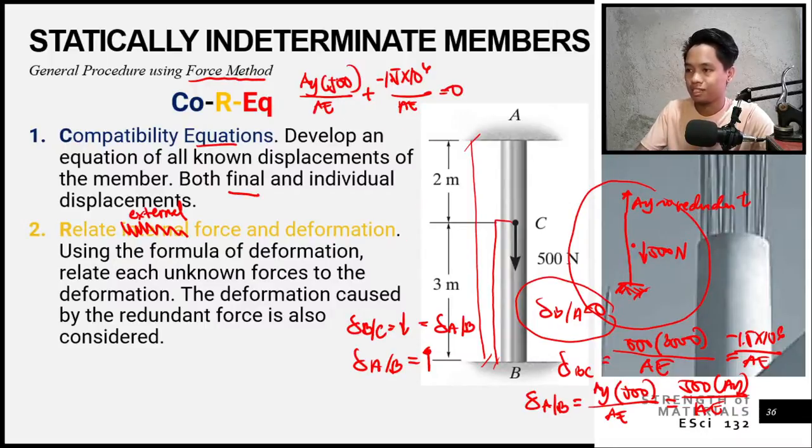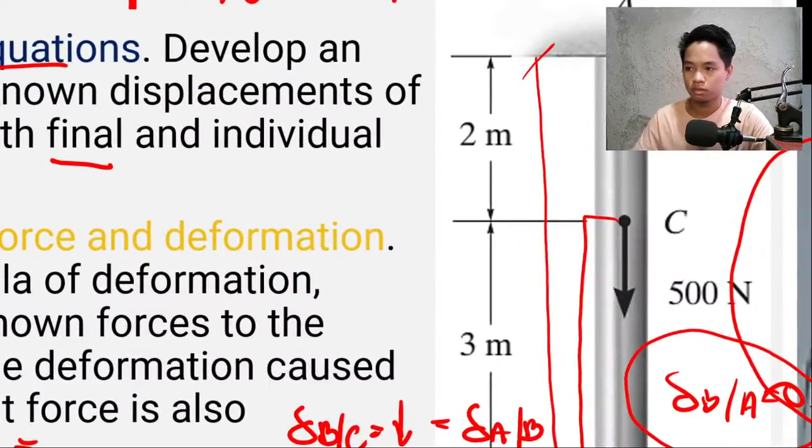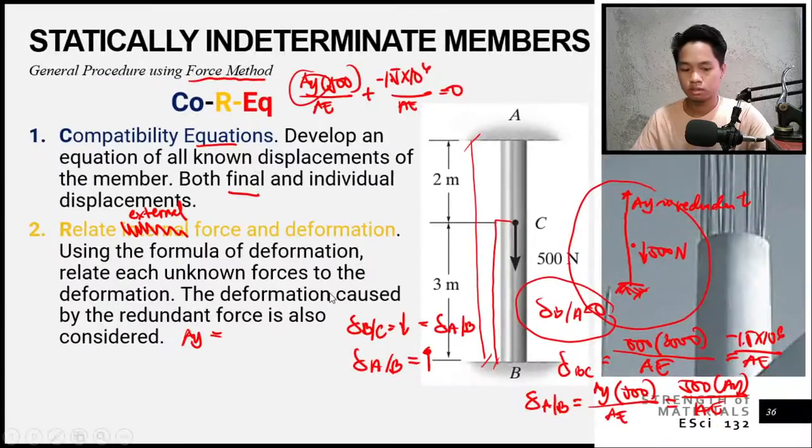In this case, you can already solve for AY. Sorry, this should not be 500, this should be 5,000 AY, because the length is 5 meters. So it is 5,000.